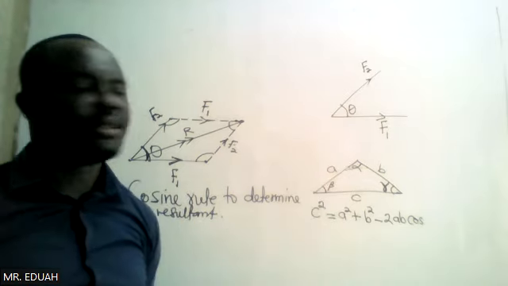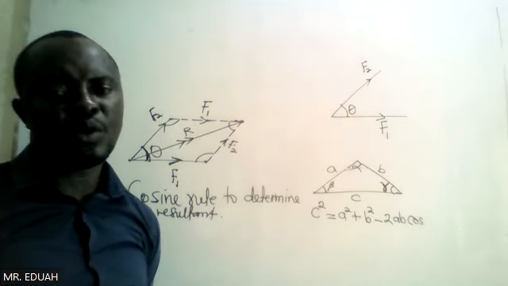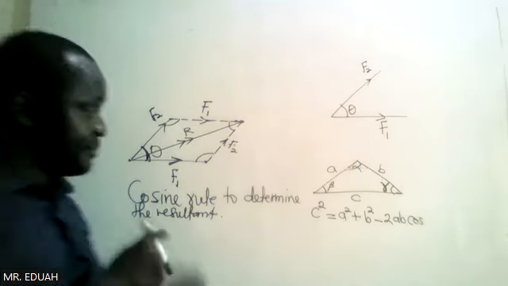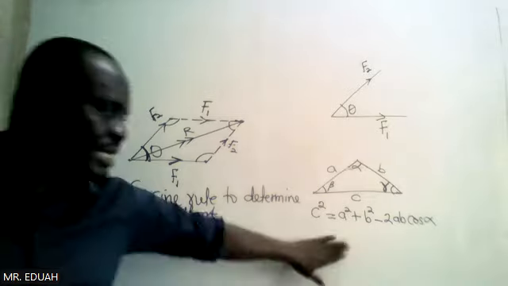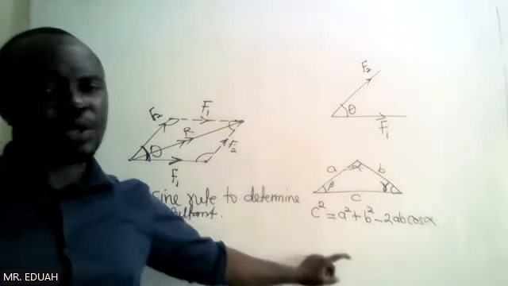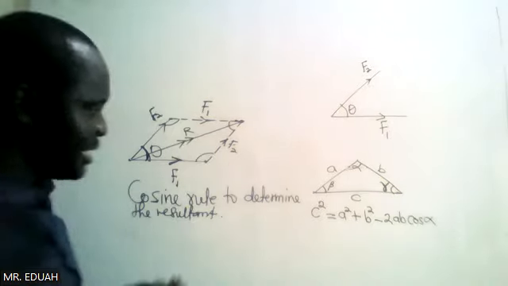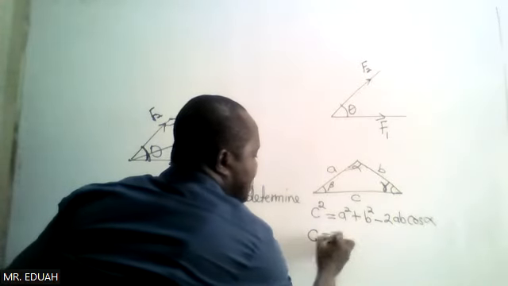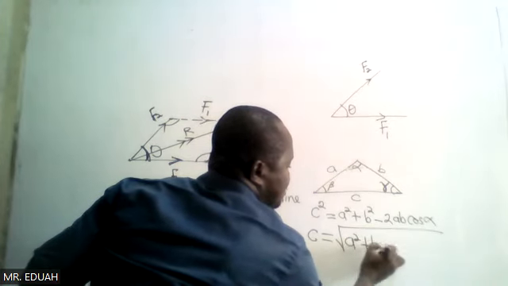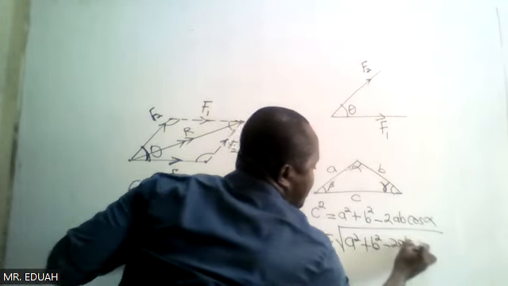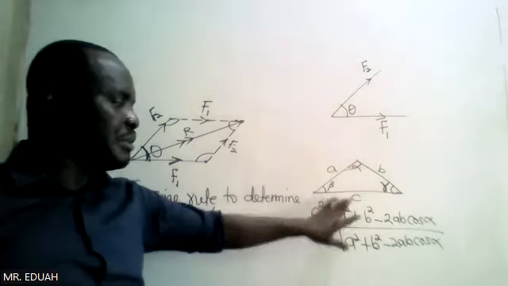And what's the angle opposite to the side I'm looking for? Alpha. So you can see that the cosine rule is similar to the Pythagoras theorem, but with some modification. Meaning C is equal to the square root of A squared plus B squared minus 2AB cos alpha. That is how I can determine C.